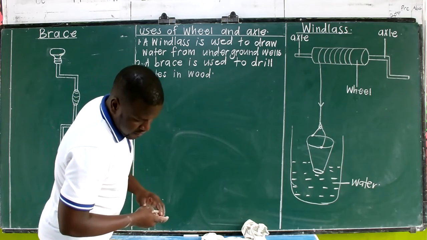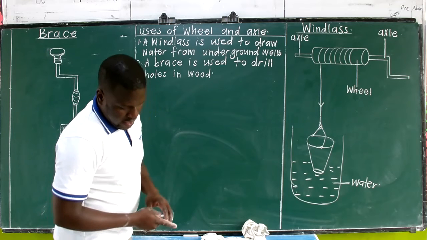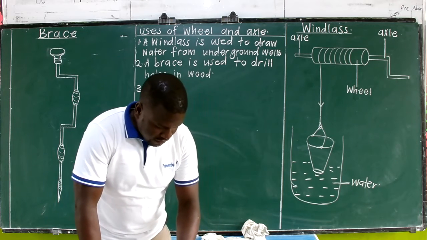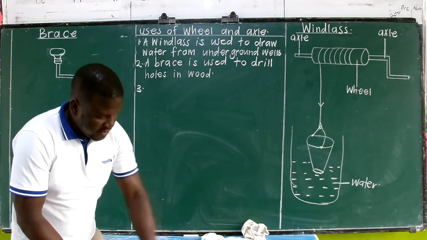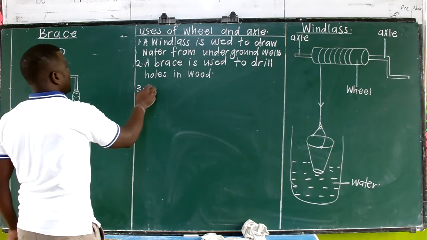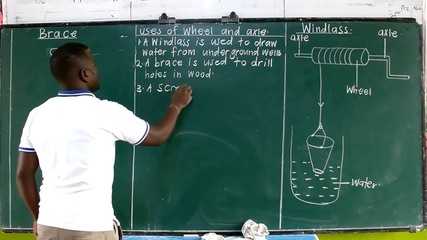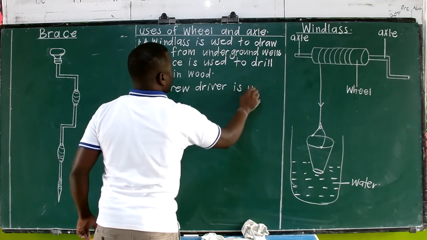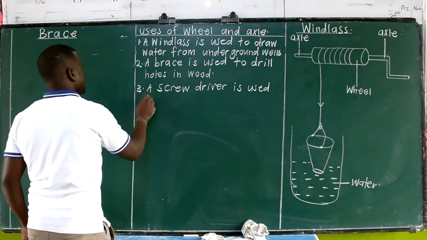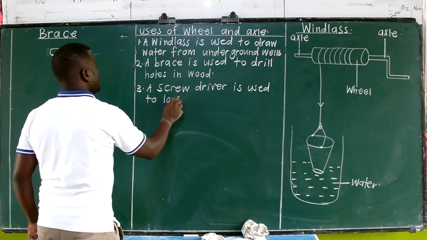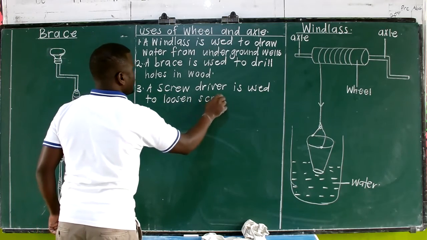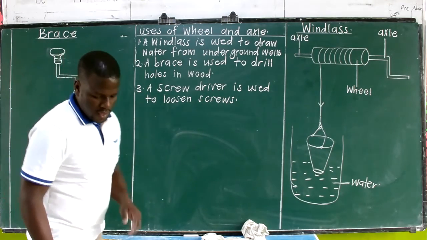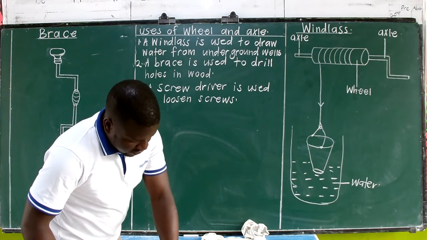Then number three, a screwdriver. A screwdriver is used to loosen screws. Or you can say a screwdriver is used to make screws loose.